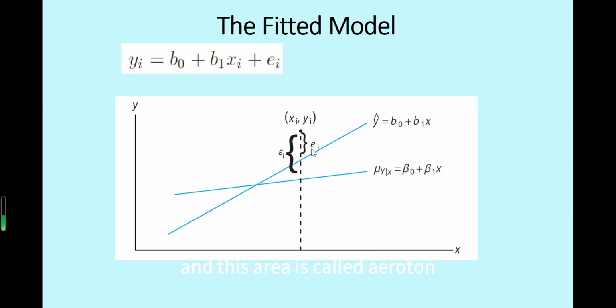And this is called the error term. e_i is the difference between the observation and the fitted point on this line. And epsilon is the error term in the real linear relationship.